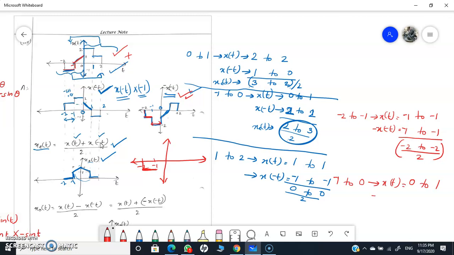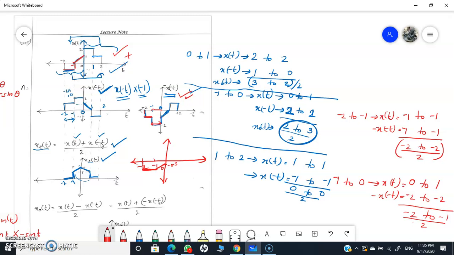It is varying from minus 2 to minus 2. If I am taking the sum of this, it will be varying from minus 2 to minus 1, divided by 2. That means it is varying from minus 1 to minus 0.5. So my amplitude is varying from minus 1 to minus 0.5. This is the case for the interval minus 1 to 0.